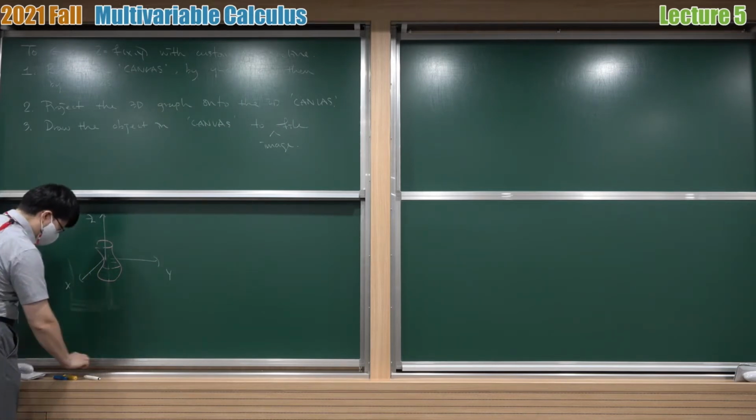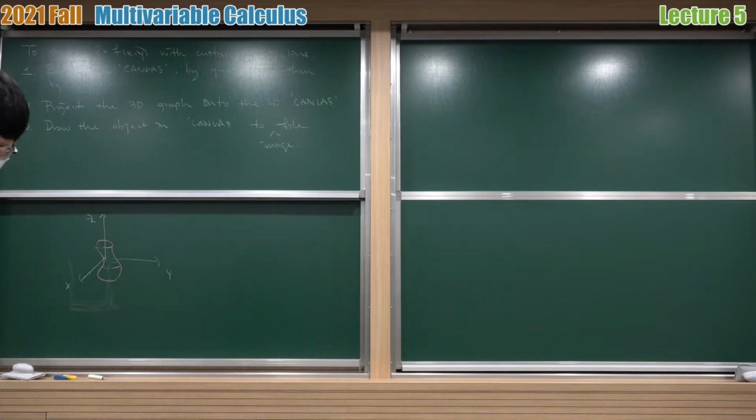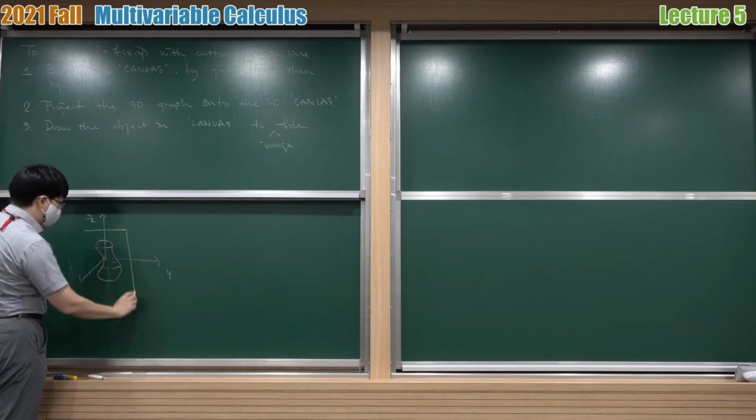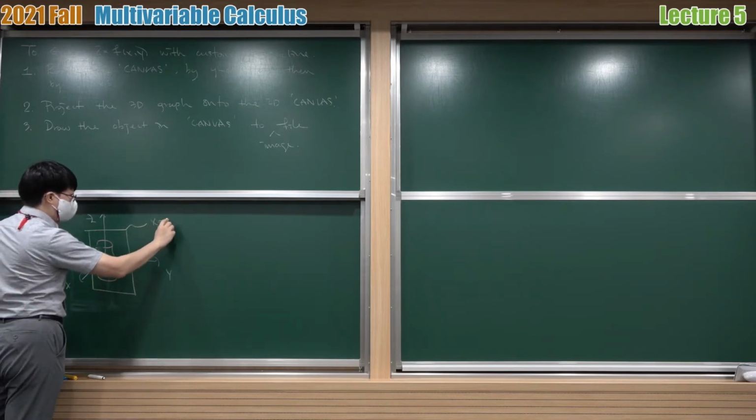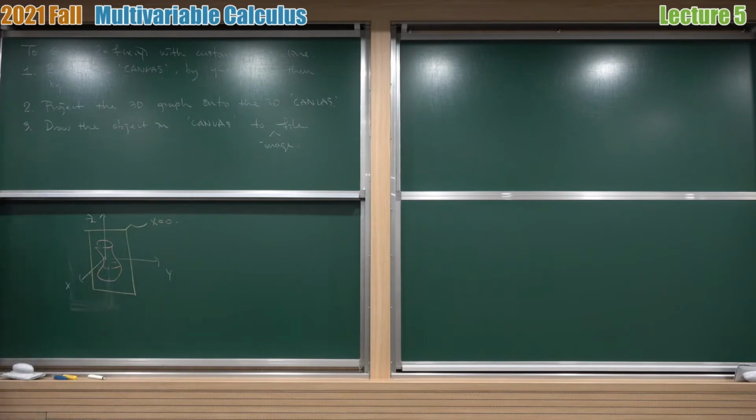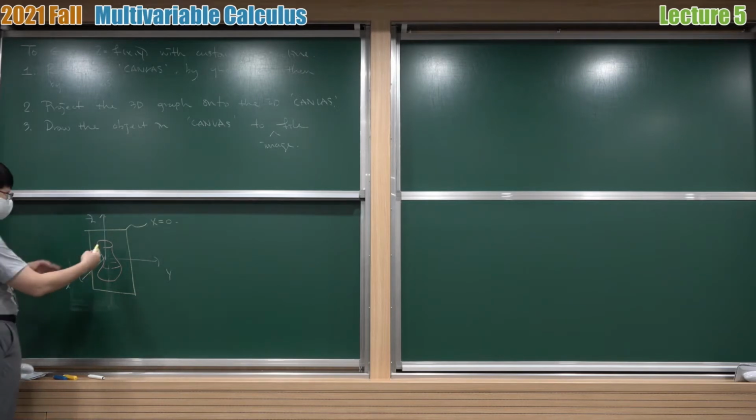So I'm going to start my canvas as the same as the YZ plane. This is when x equals 0. This is my starting point of my canvas, right? And I rotate it by y-axis and z-axis.